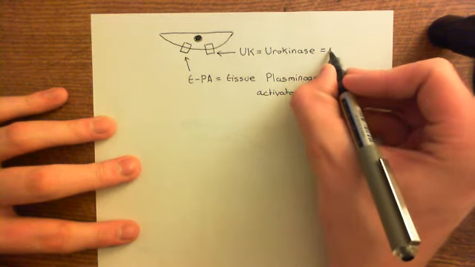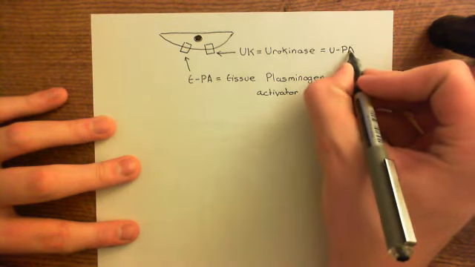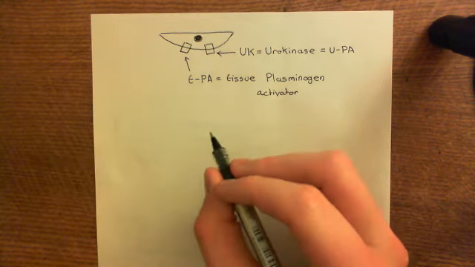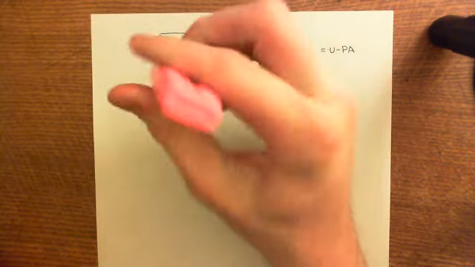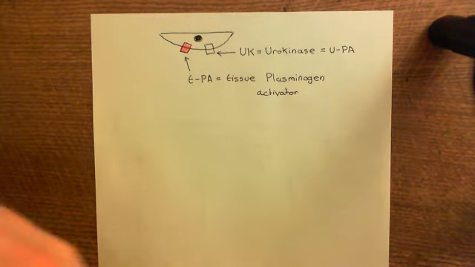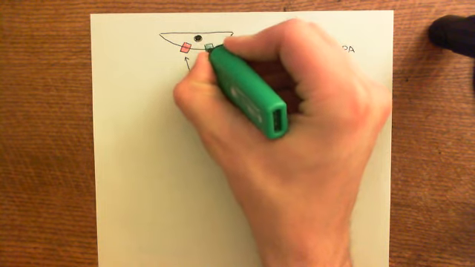Its full name is urokinase plasminogen activator, so you may well see it abbreviated to UPA for short. Okay, so what do these two enzymes that we've produced and put on the surface of our endothelial cell actually do? Here is our tissue plasminogen activator in pink, and then we'll have our urokinase plasminogen activator in green here.